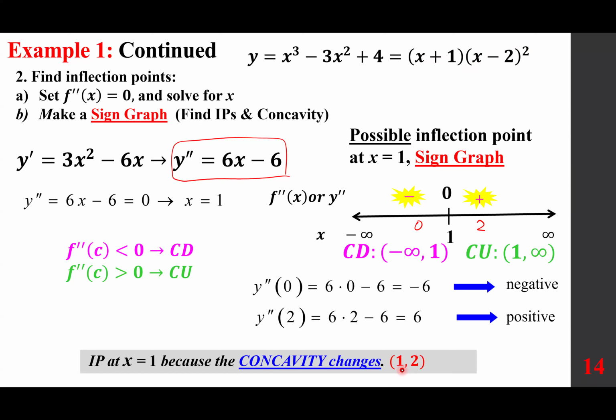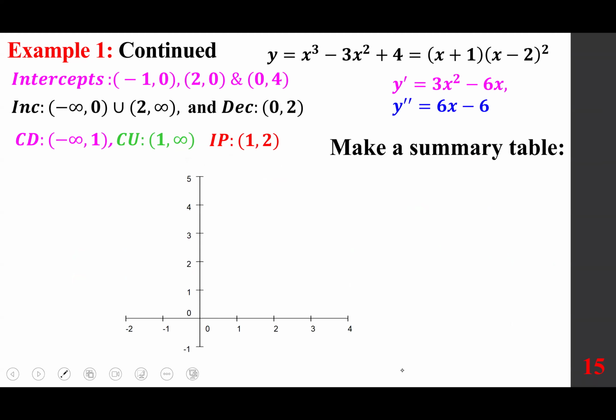All right. So now we are ready to graph. To graph this, everybody, I'm going to just rewrite everything we found. Here's the function. Here's y prime. Here's y double prime.